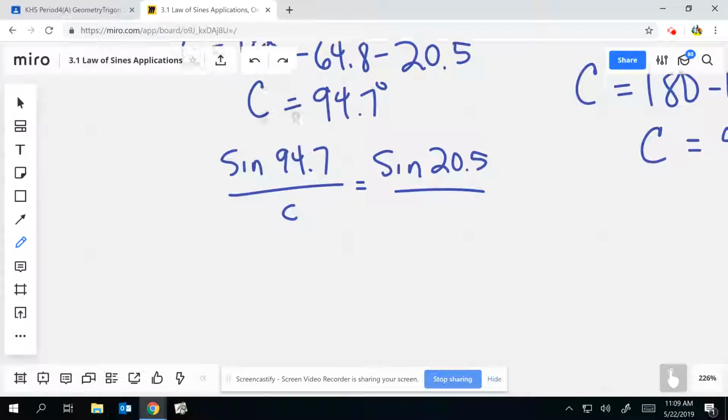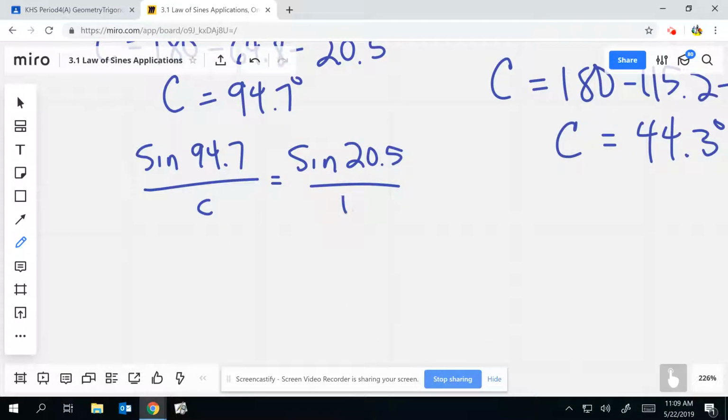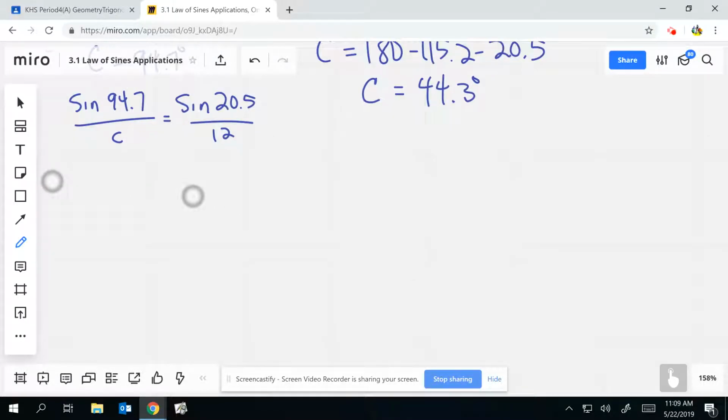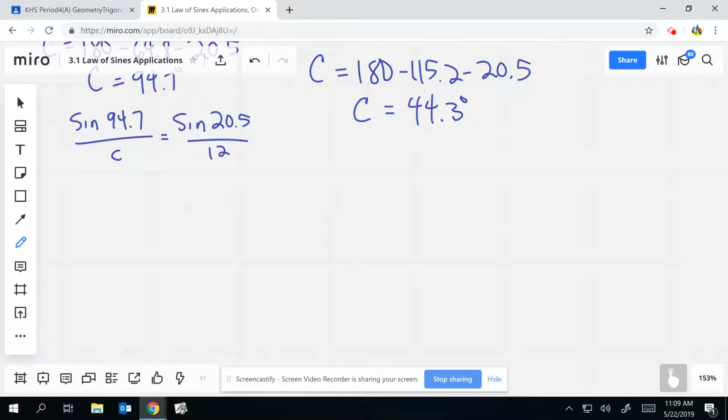So sine of 20.5 over 12. If I multiply the diagonals, sine of 94.7 times 12 is the diagonal. Take that answer, divide it by sine of 20.5, and you're going to get 34.1 for little c.